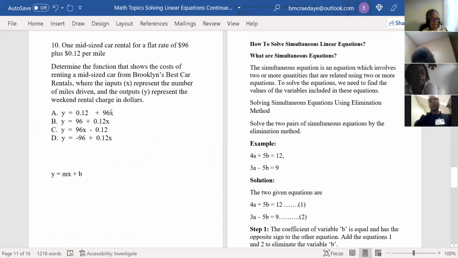You eliminated A and C, so you're only between B and D, because your slope is 0.12, and that has to be the coefficient of the X.